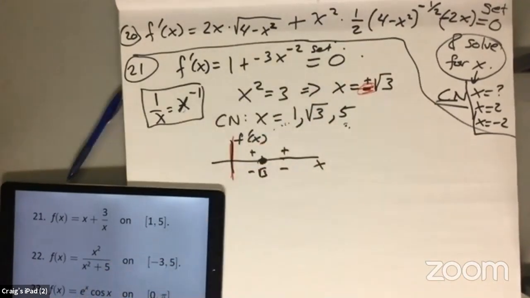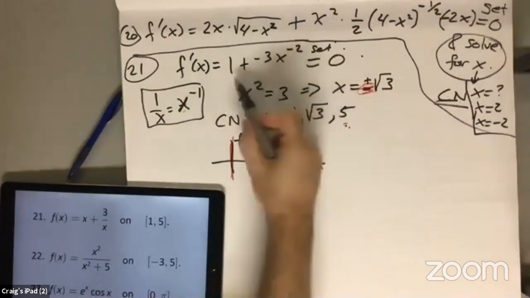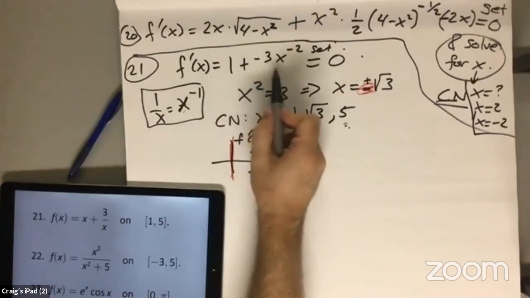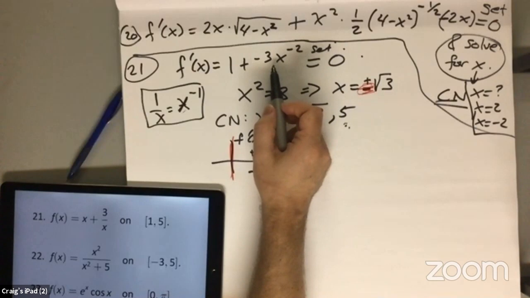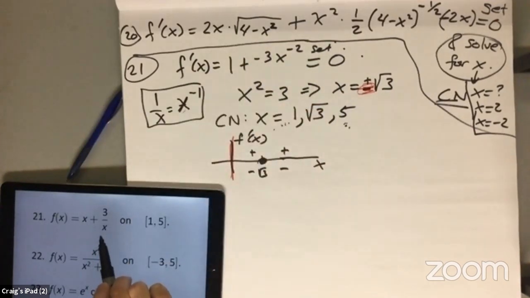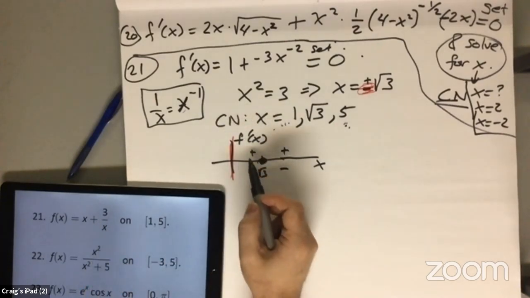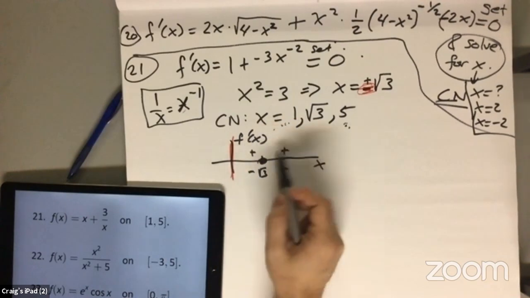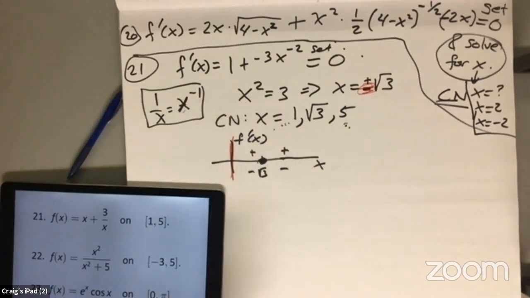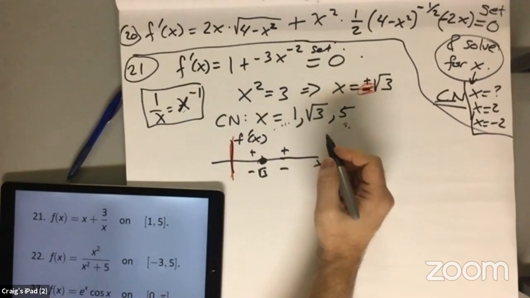That's the only bad spot in the whole domain of the real numbers. I couldn't stick it into the function either, though. The function was 3 divided by x. So it's not in the domain of the function or the derivative. But either way, I just need to check some number to the left and to the right of square root of 3. So I'm going to check the number 1 out of curiosity.